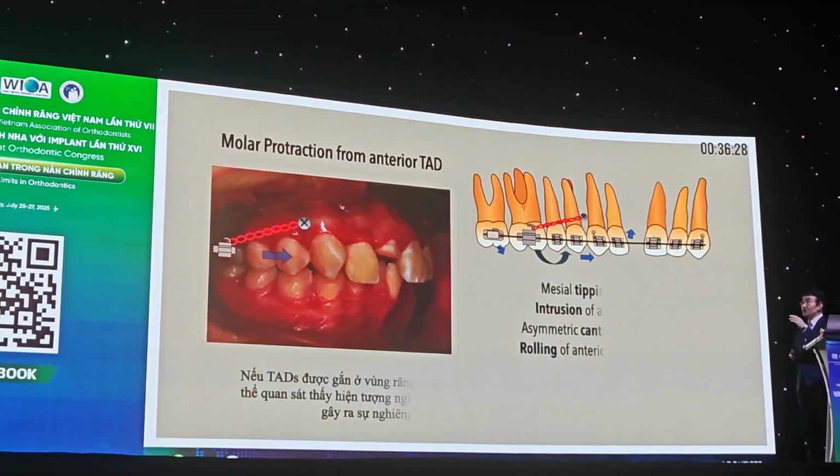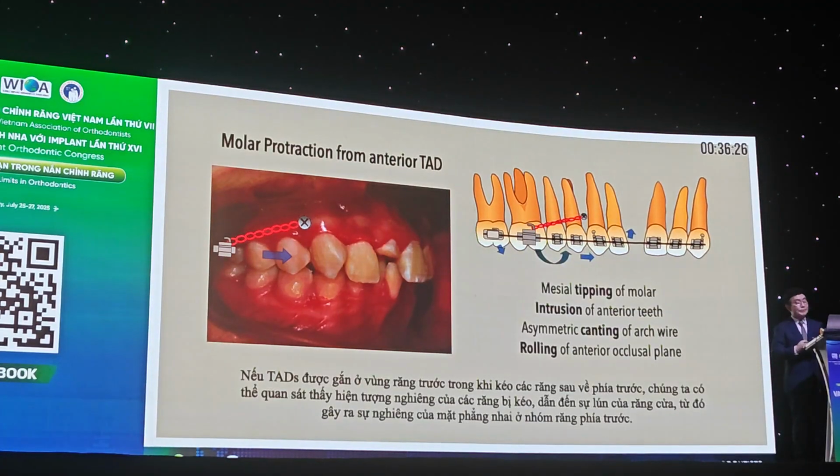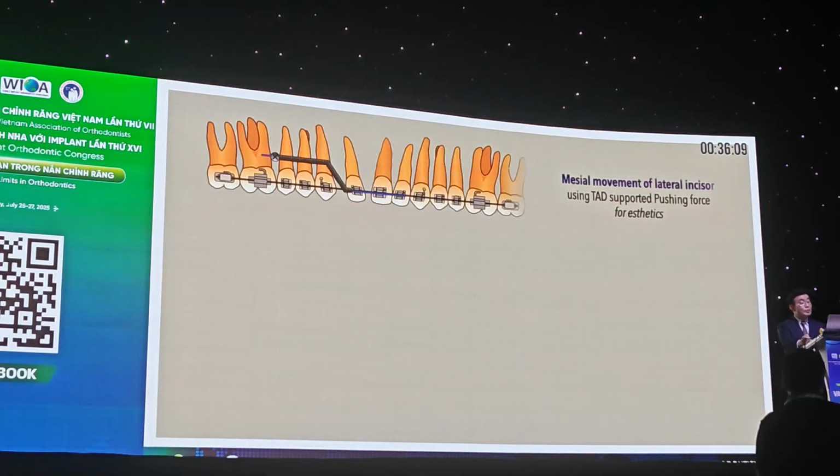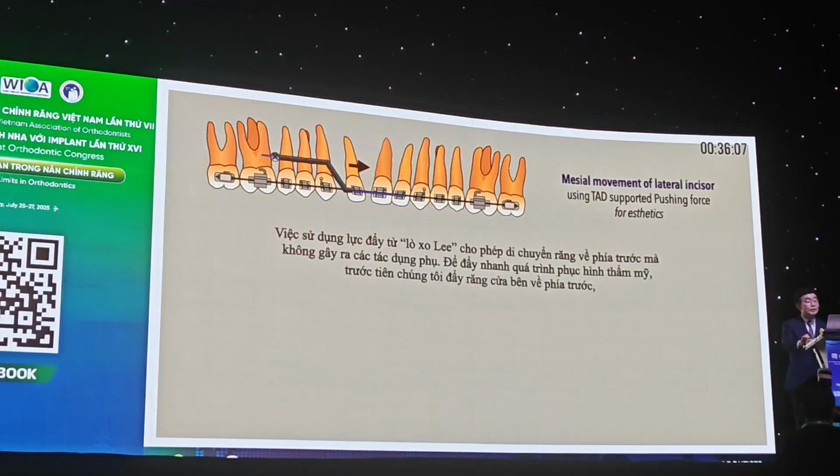If a TAD was installed in the anterior region, while pulling the posterior teeth forward, we may observe tipping of the pulled teeth, resulting in intrusion of the incisors, which could lead to a tilted occlusal plane in the anterior segment. Utilizing the pushing force of the wrist spring allows for anterior movement of the teeth without adverse effects.